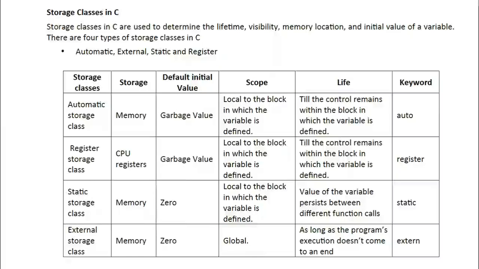The lifetime of the variable remains within the block for automatic and register, whereas for static it persists the value, meaning the value remains between the function calls, and for external it remains as long as the program execution does not come to an end. The keyword used is auto for the automatic storage class, register for register, static for static, and extern for external.